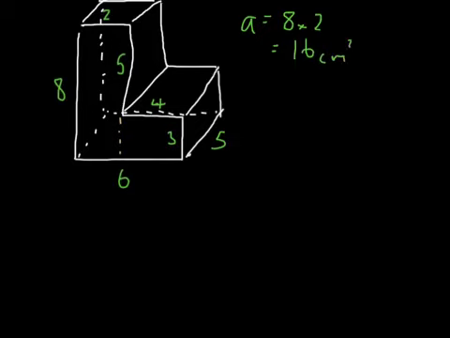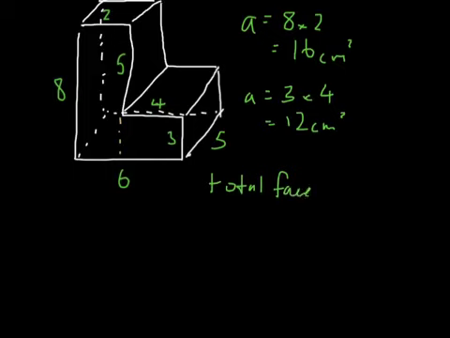And then our final rectangle is this one here, and that's 3 times 4. 3 times 4 equals 12. So the total face area equals 12 plus 16, and that equals 28 centimeters squared.